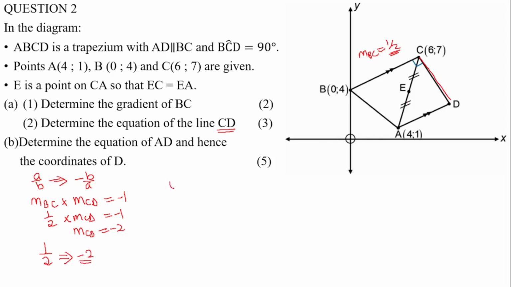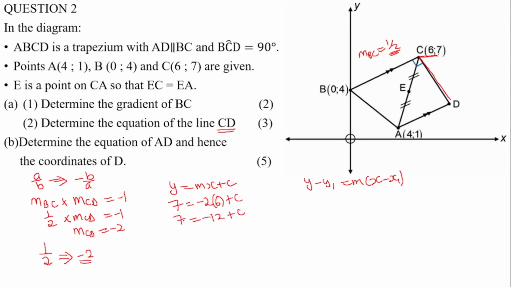We can have this y is equal to mx plus c, or we can have this y minus y1 is equal to m times x minus x1 like this. Okay, we're going to use both methods. We have the gradient, we're going to use the coordinates of C there. So it's 7, because y is 7 there, is equal to negative 2 times x, which is 6, and then plus c, which is 7 is equal to negative 12 plus c.